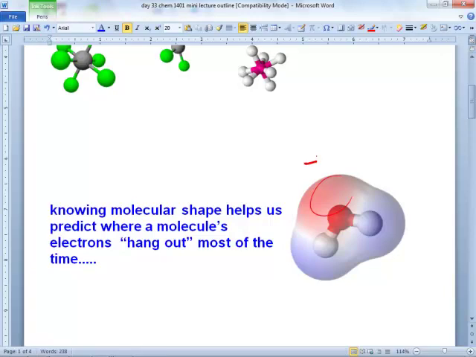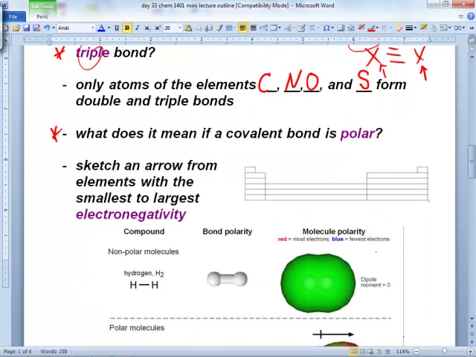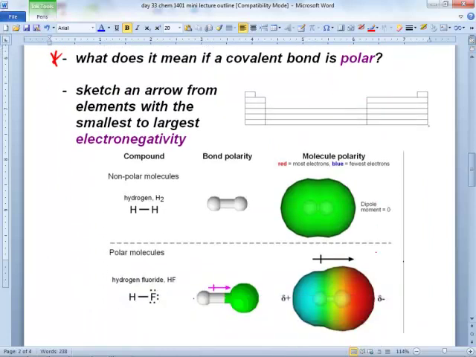But it's not a -1. I mean, -1 is like chloride, Cl-. So what they're going to do is put a little partial symbol over there. So if that end of the molecule is a little bit negative, the other side must be a little bit positive. Okay, that's the direction we're headed.